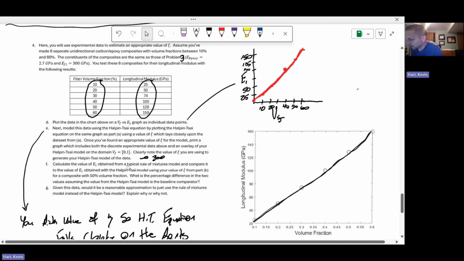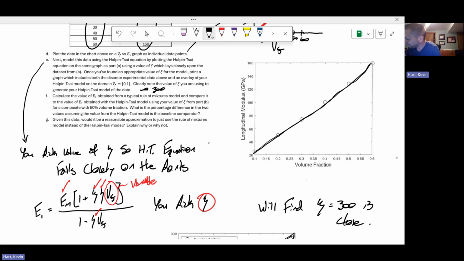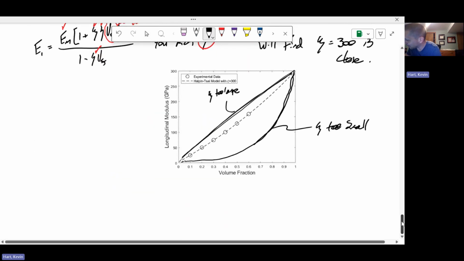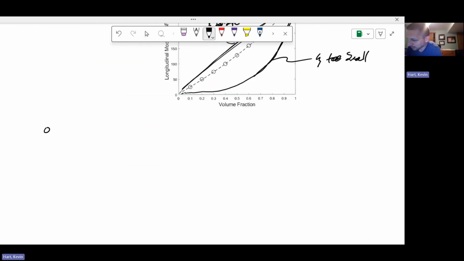Now calculate E1 obtained using the value of xi. Given the data, would it be a reasonable approximation to just use the rule of mixtures? Remember that this straight line here is the rule of mixtures. Is rule of mixtures okay?